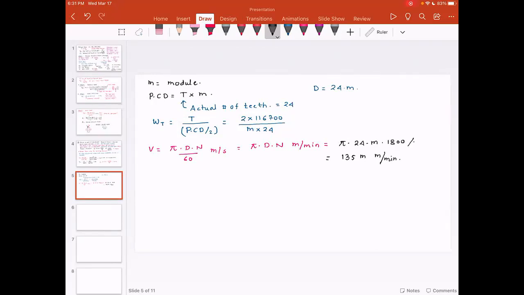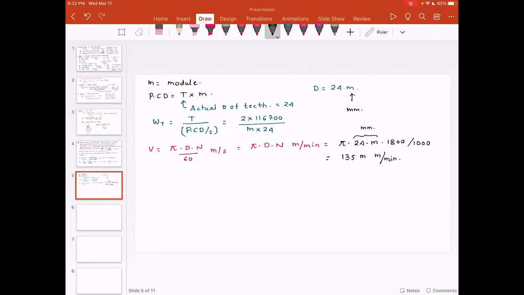You need to divide this by 1000 because we are assuming module here in millimeter. Since module is assumed in millimeter, the diameter will be in millimeter, so this needs to be divided by 1000 so that we get meters per minute.